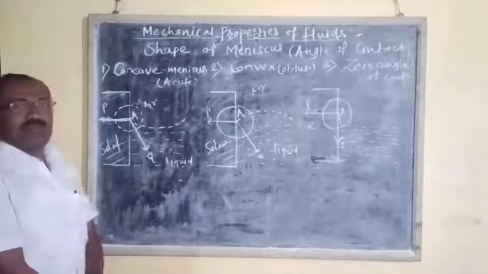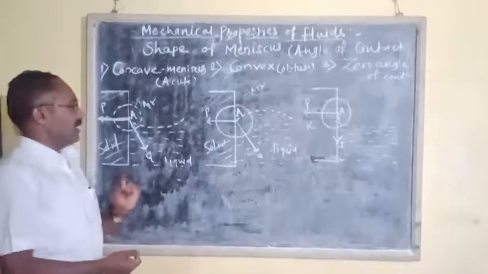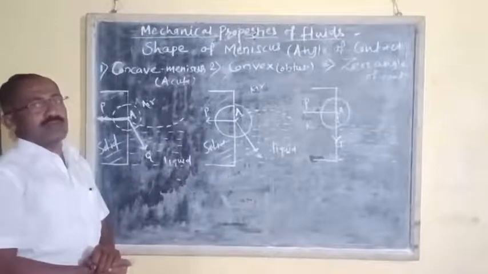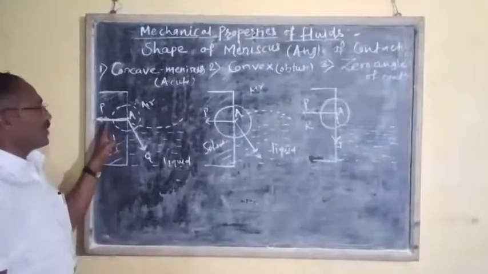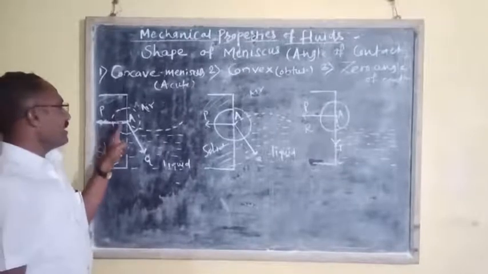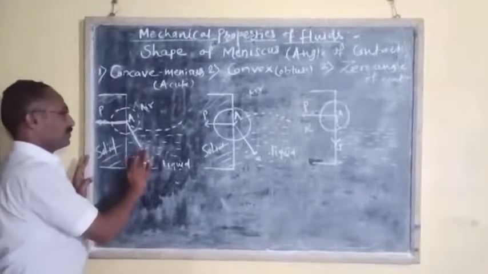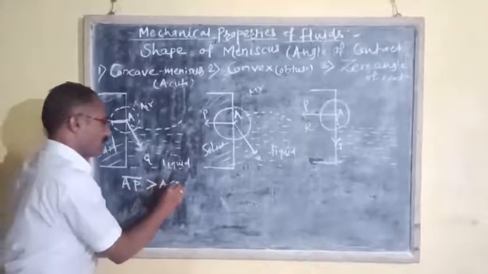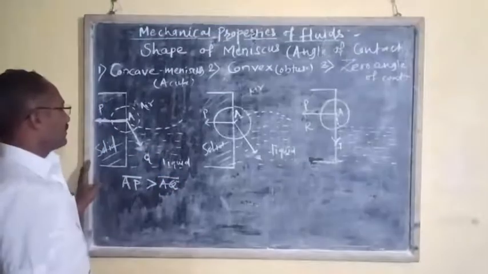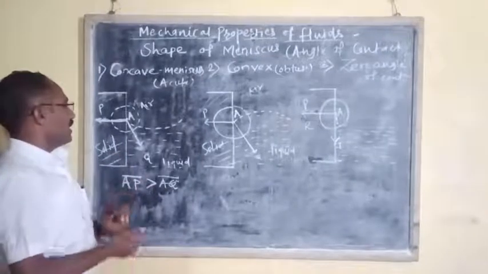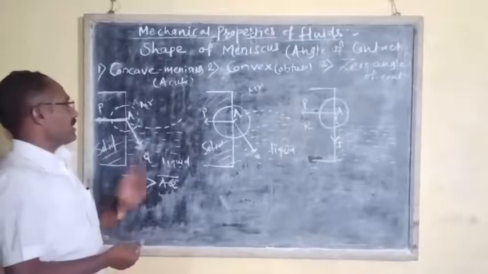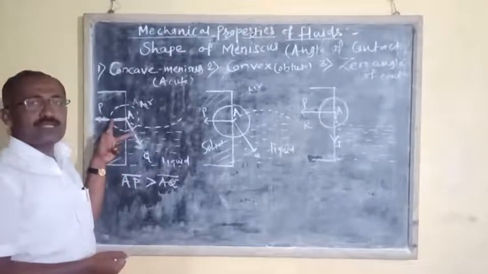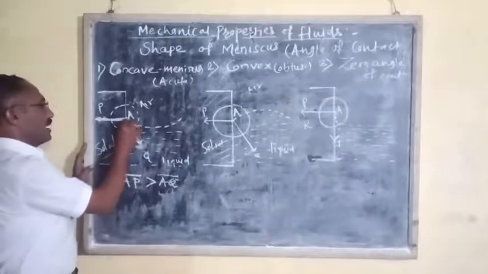Now in case of a liquid which partially wets the solid, for example glass and kerosene, in that case the magnitude of adhesive force AP bar is greater than that of the cohesive force AQ bar, and therefore for equilibrium of the liquid surface, the resultant of these two forces lies in the solid in this manner.